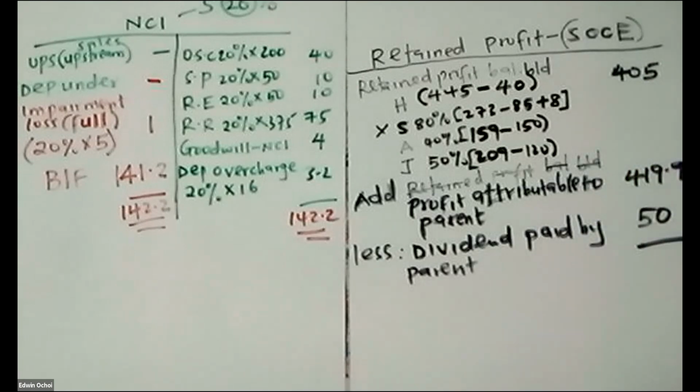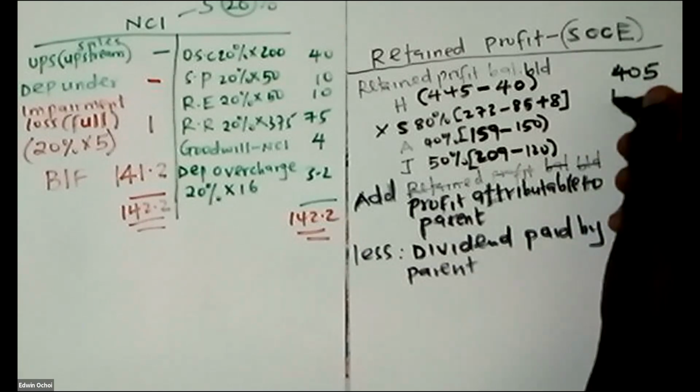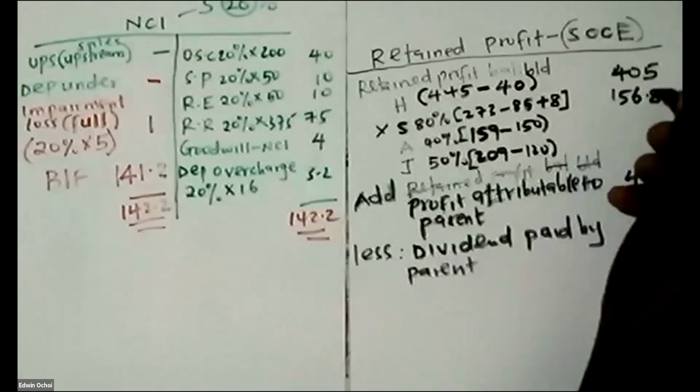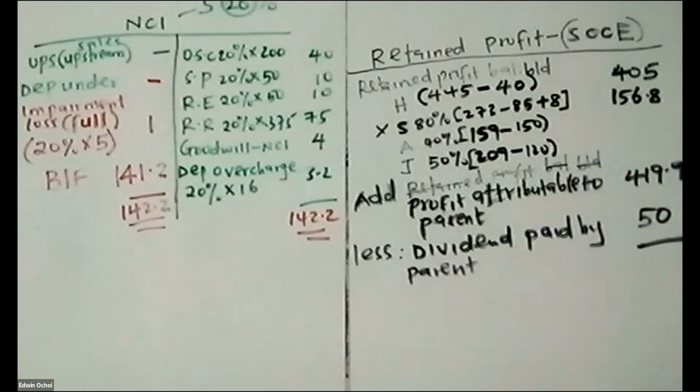Then the other one, 273 minus 85 plus 8. You multiply with 0.8. So this is 156.8. Then 159 minus 150, that is 9.